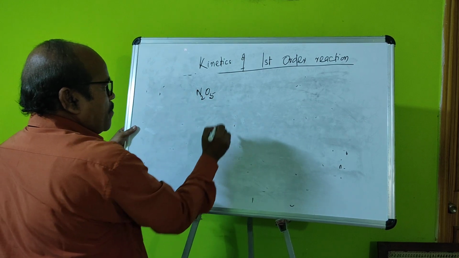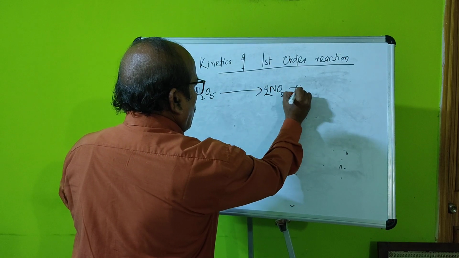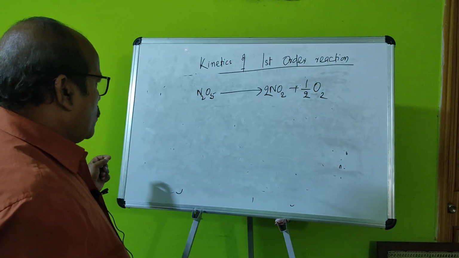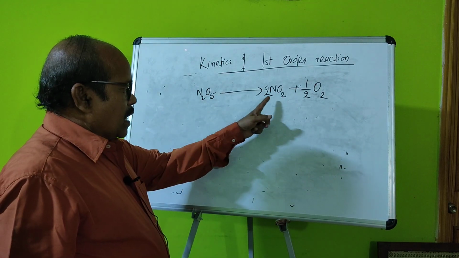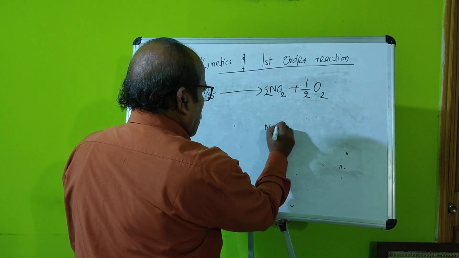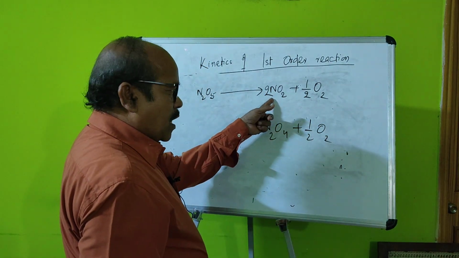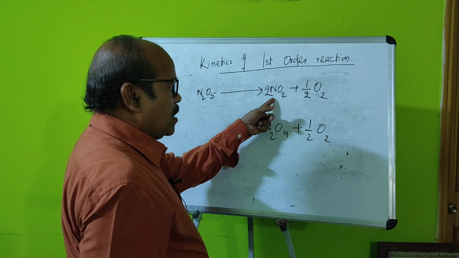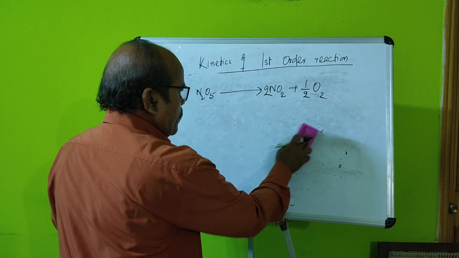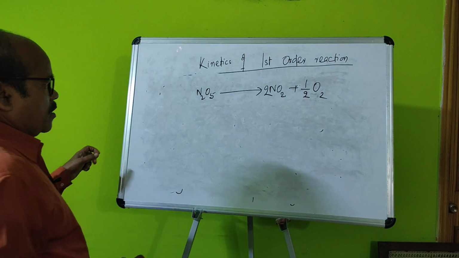Nitrogen pentoxide will give rise to nitrogen tetroxide, N2O4, plus half O2, or this is nitrogen dioxide, also called nitrogen peroxide, and half O2. So this is one example of first order.